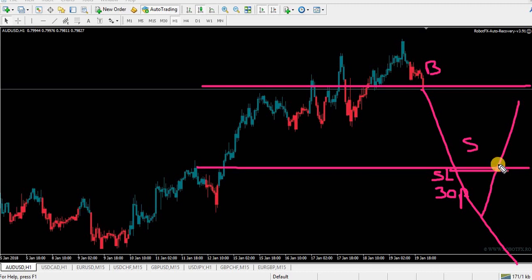The expert advisor will not place another pending order unless the price is either higher or lower than the recovery limit, than the sell area, by that distance, the slippage, which is 5 pips.